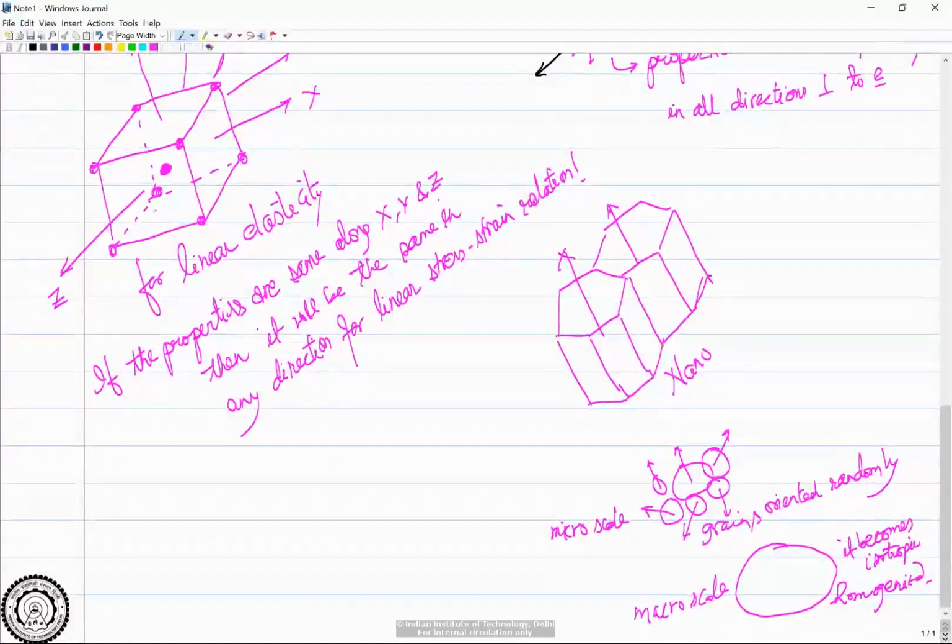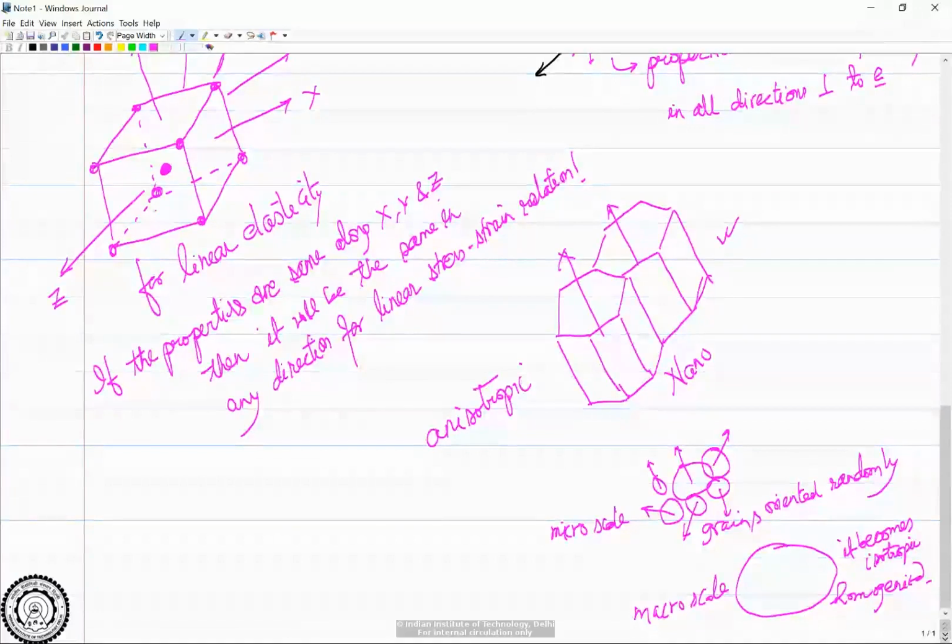So you can see that the same material is anisotropic at nanoscale but isotropic at the macro scale. So here it is anisotropic and here it is isotropic. It all happened because at the micro level the grains were oriented randomly.